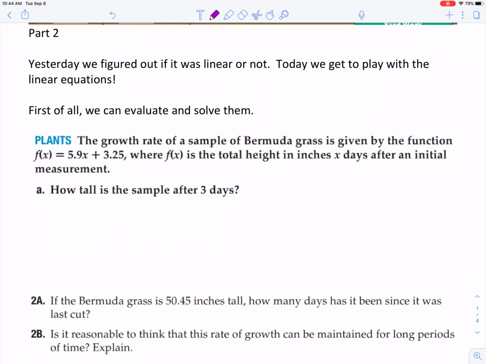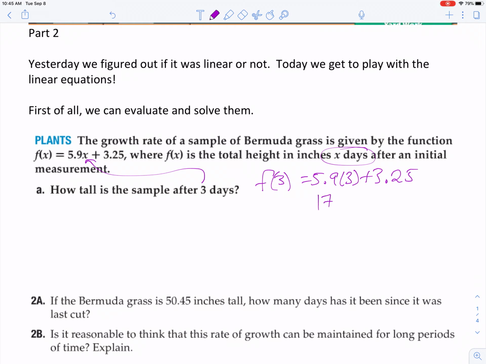So we have some Bermuda grass growing. Notice that it tells me x is days. How tall is the sample after 3 days? Well, just take that 3, plug it in for x. So the function, when x is 3, is 5.9 times 3 plus 3.25. So I'm going to multiply 5.9 times 3.